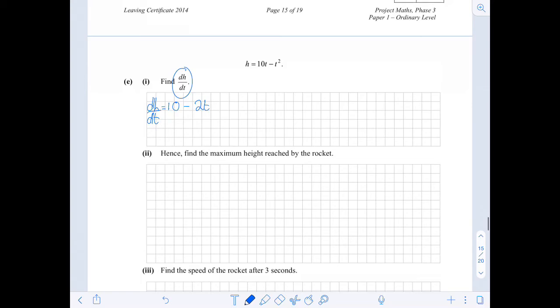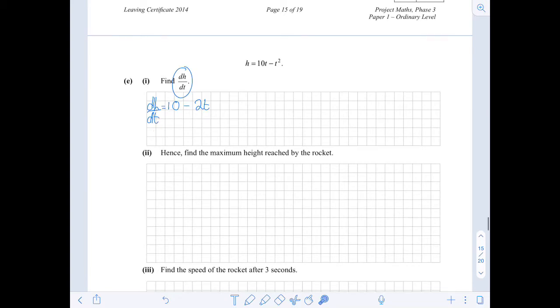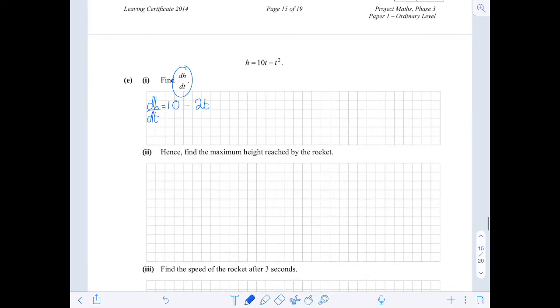Hence find the maximum height reached by the rocket. Now, we know the maximum height reached by the rocket occurs when this thing here equals what? At a maximum, we let the derivative equal what? Yeah, so 10 minus 2t must equal 0. So minus 2t must equal minus 10.